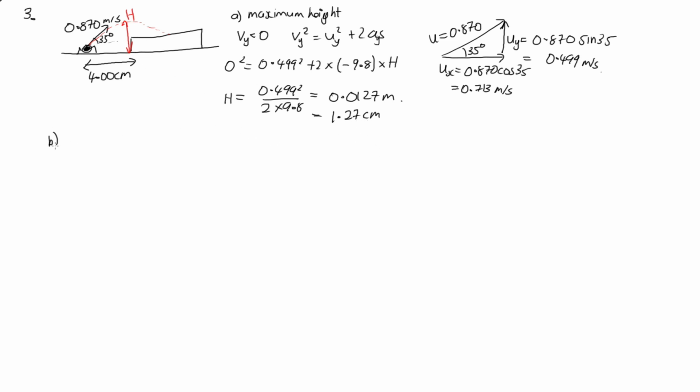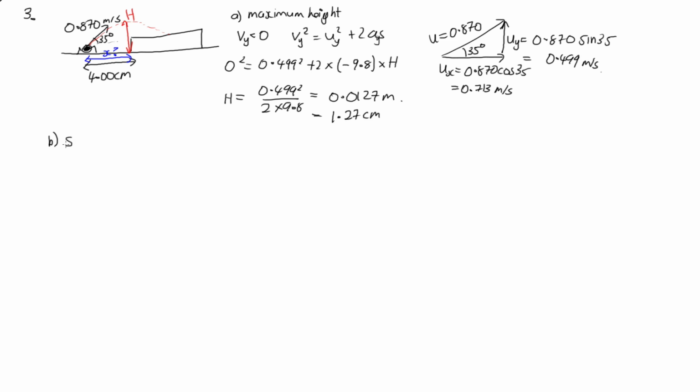Now in part B, it asks us how far away horizontally from its jumping point does this occur. So we're basically trying to find this length here. That's what we want. So we know that horizontally there is no acceleration.